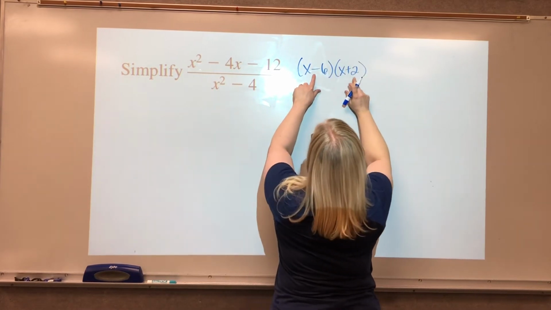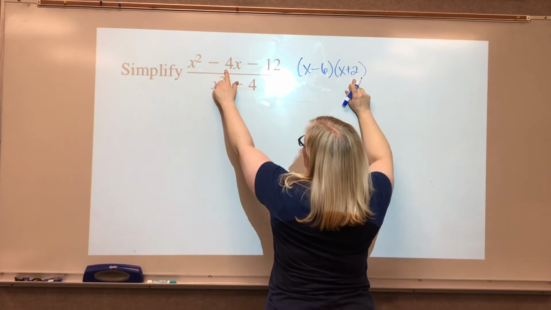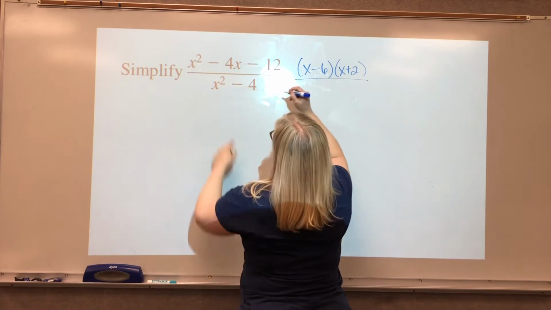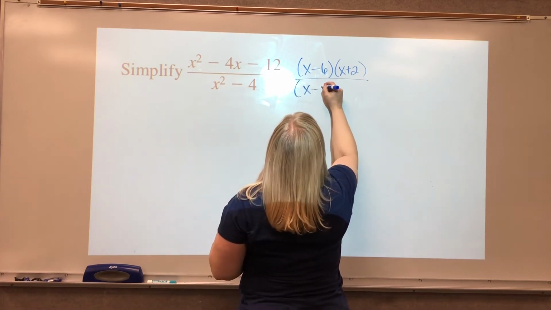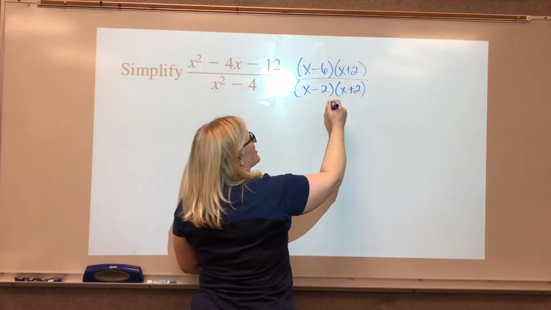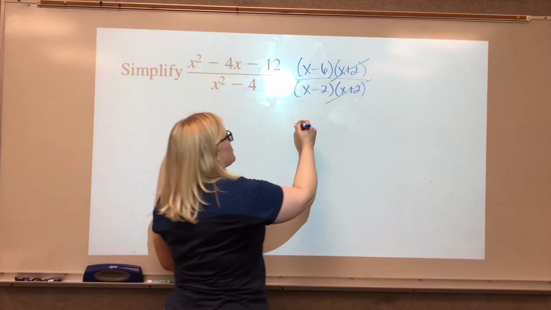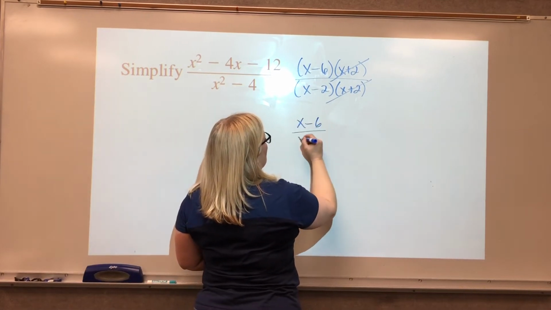Because negative 6 times 2 gives me negative 12, and negative 6 plus 2 gives me negative 4. And then x squared minus 4 is just x minus 2, x plus 2. And now we get to slash. We've got x plus 2 on both of those, and we're left with x minus 6 over x minus 2.